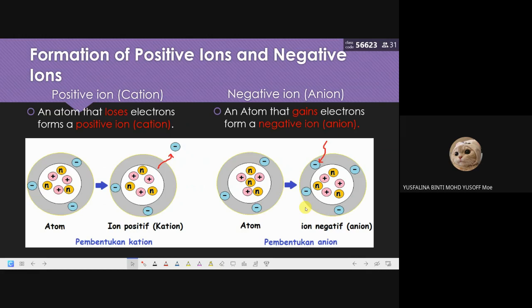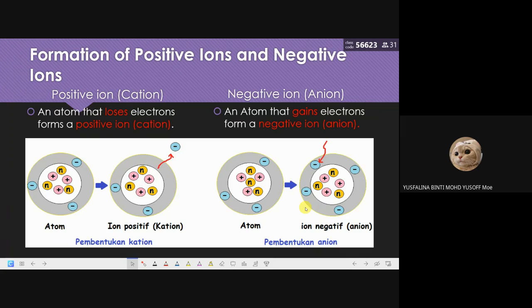Formation of positive ion and negative ion. Positive ion we call a cation, while negative ion we call an anion. So what is a positive ion? A positive ion is an atom that lost electrons. Any atom that loses electrons, we call a positive ion.